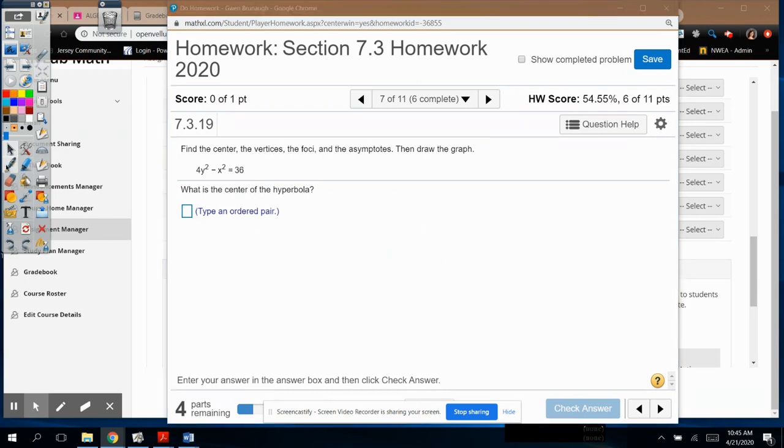Okay, let's see this one here. Divide everybody by 36 and simplify the fraction. So I get y squared over 9 minus x squared over 36 equals 1. So this one's in the y direction, so it's going to go up or down. The center is just 0, 0.